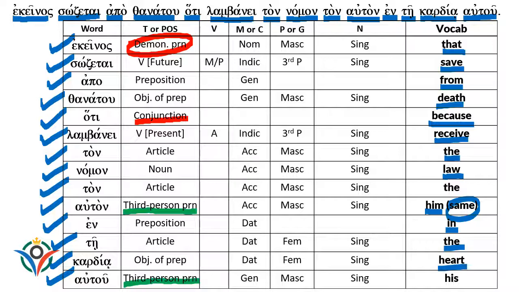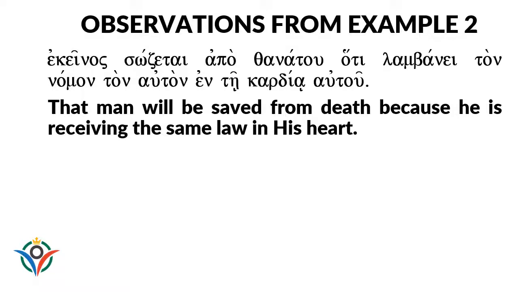The genitive case, masculine gender, singular, and we translate it as his. So let's put this information together and do our translation in the next slide. So our translation should read as follows. That man will be saved from death because he is receiving the same law in his heart.